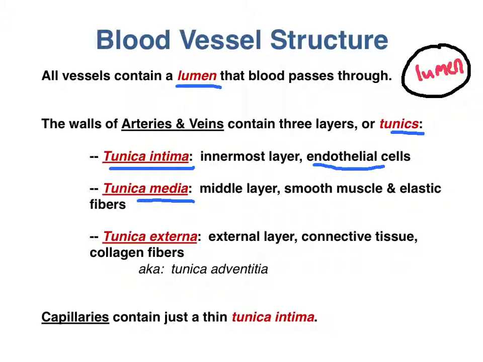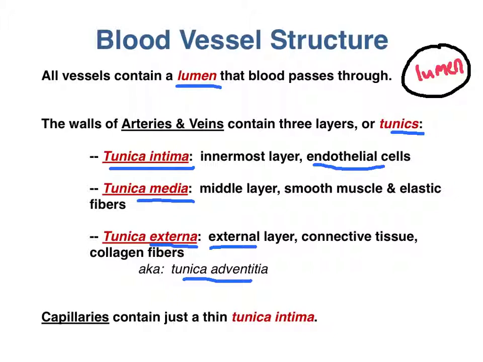The tunica externa is the external layer, the outermost layer of the blood vessel wall. This layer is thick connective tissue, full of collagen fibers, and is also sometimes called the tunica adventitia. You see lymphatic vessels and nerves running through the tunica externa as well.